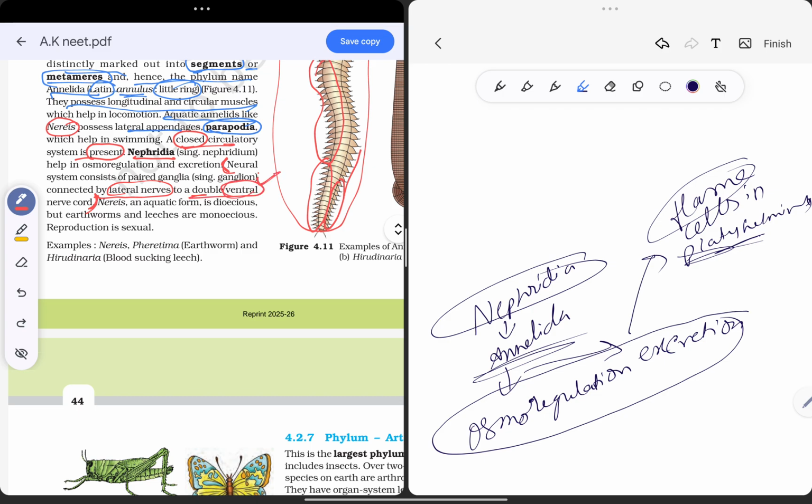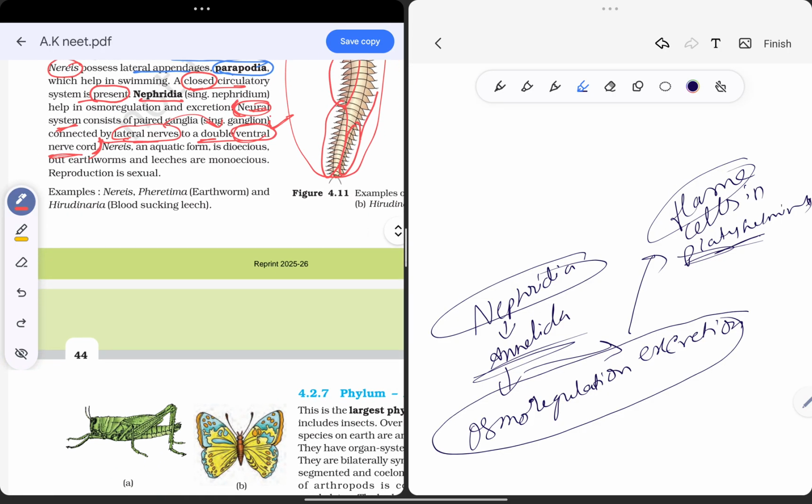This word is very important. Ventral nerve cord. The lateral nerves are connected to which nerve cord? Ventral nerve cord, in the case of the annelid neural system. Lateral nerves are connected to the ventral nerve cord. Ventral.